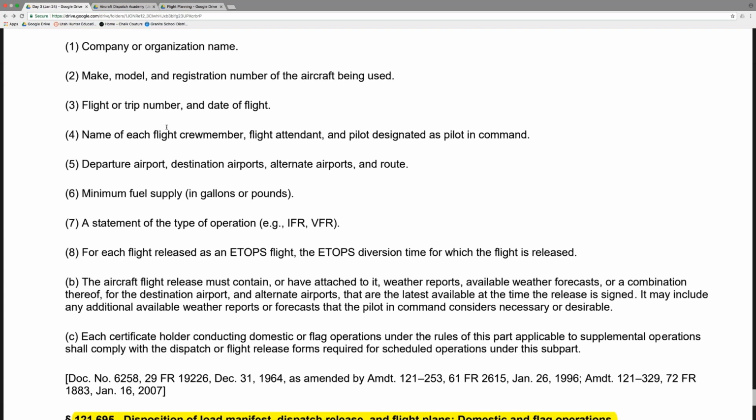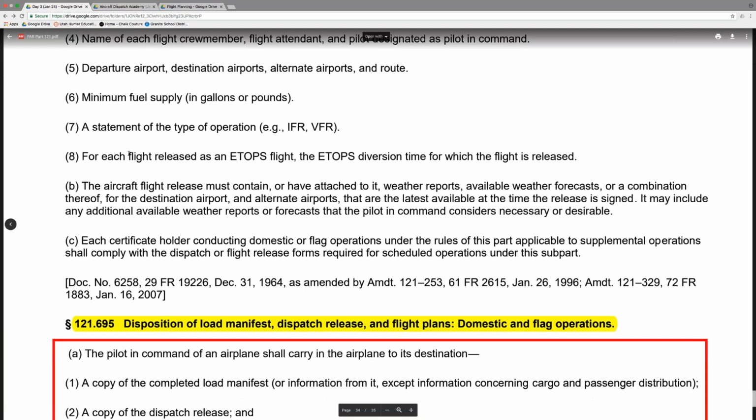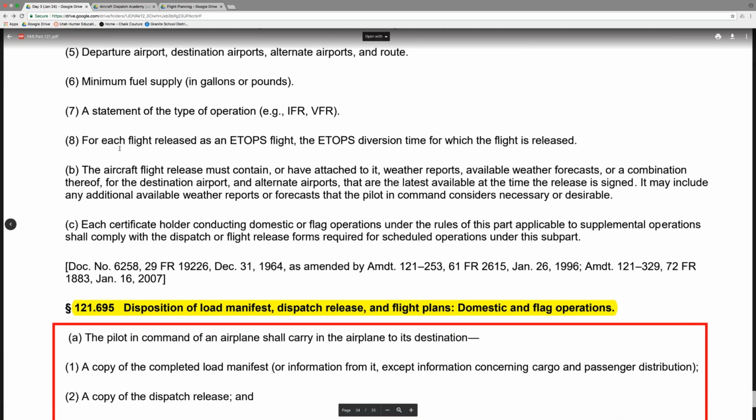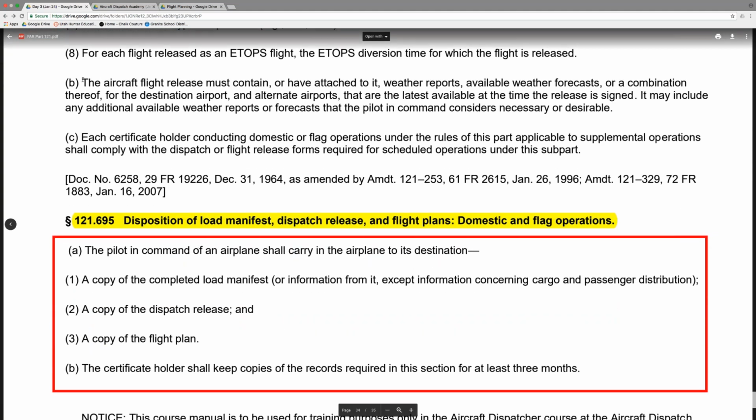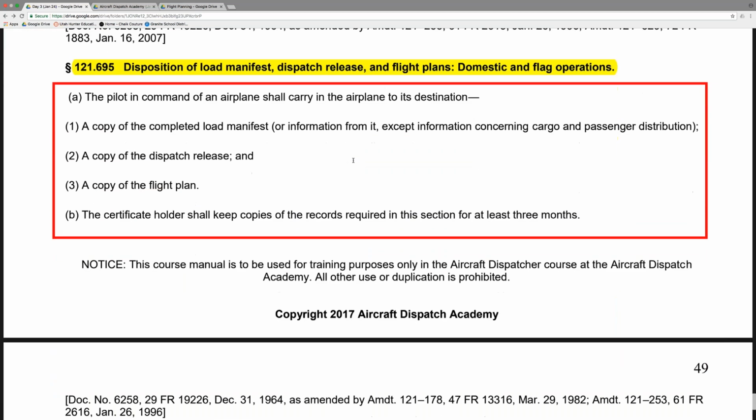Because remember, they can't bring revenue passengers on board. So they have to have the departure airport, destination, alternate airports, fuel supply, type of operation, and then released as an ETOPS, they have to have a special requirement for that. Weather they have to have attached, and that's pretty much it. Okay?